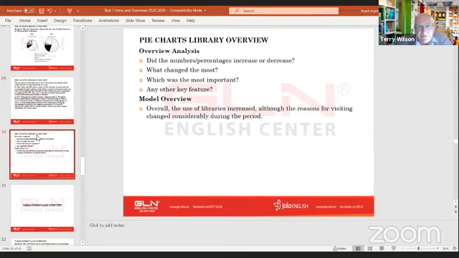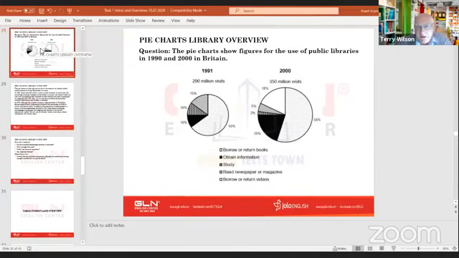And in the overview, so did the numbers or percentages increase or decrease? Well, if we just quickly go back to the diagram, in 1991 we had 290 million visits, and in the year 2000 we have 350 million. So the numbers of users has increased.